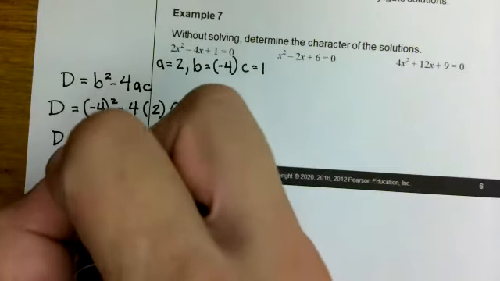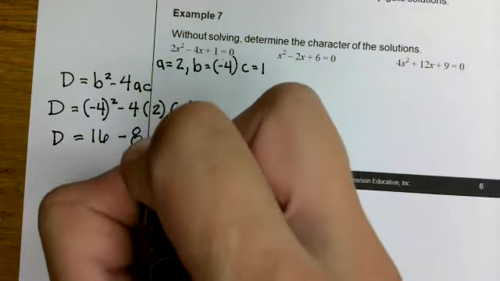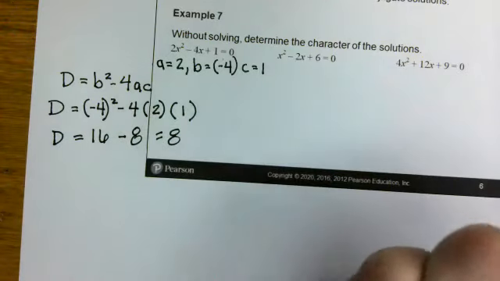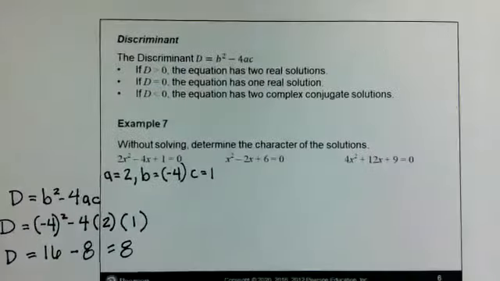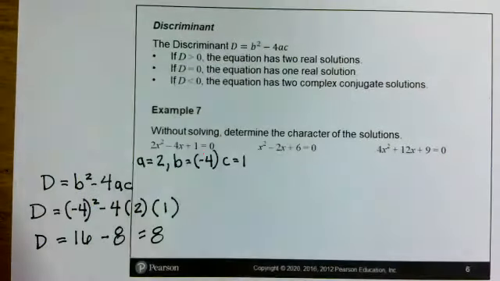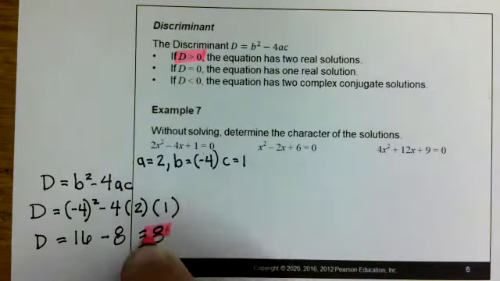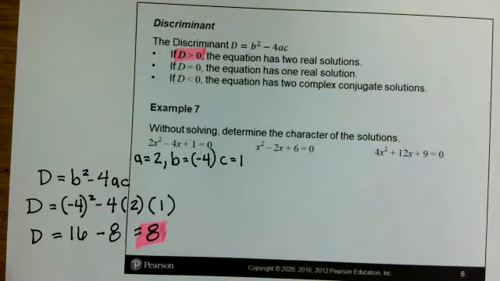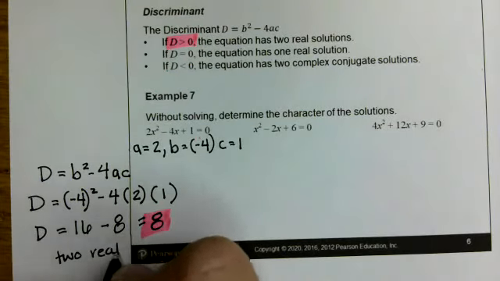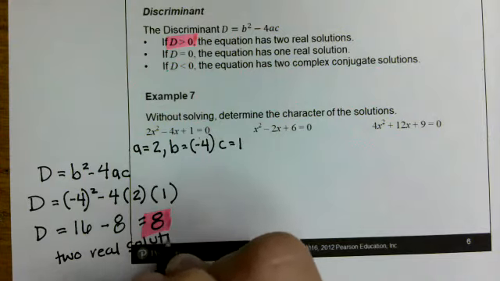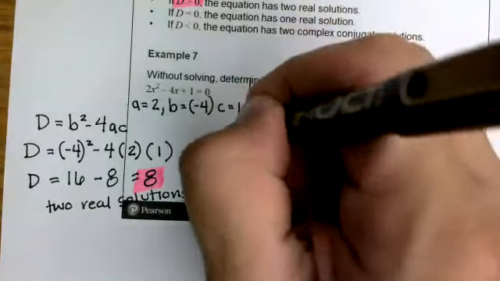D is 16 minus 8, or D is 8. Since that is positive, it's greater than 0. Two solutions. 2 real solutions. Real solutions are on the number line. 2 solutions on the number line.